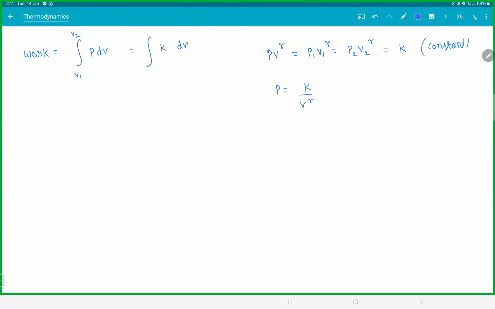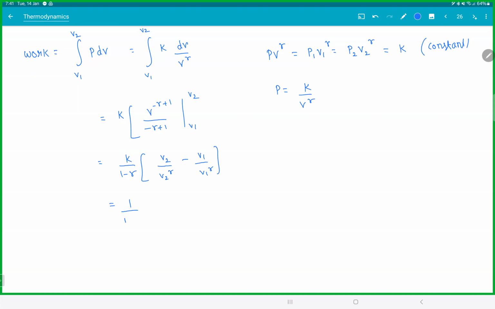This is K dV by V power gamma, limits V1 to V2. Integrate this. You will get V power minus gamma plus 1 by minus gamma plus 1, limits V1 to V2. This is K by 1 minus gamma, V2 by V2 power gamma minus V1 by V1 power gamma.